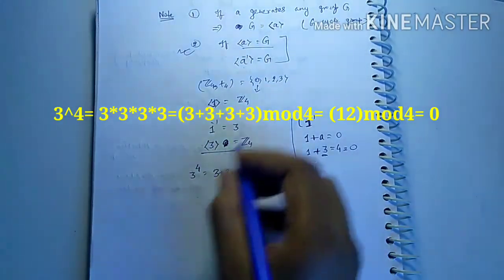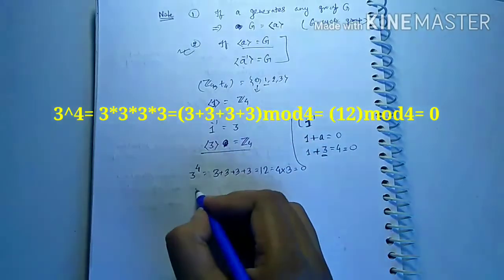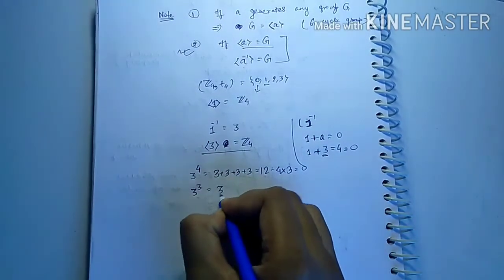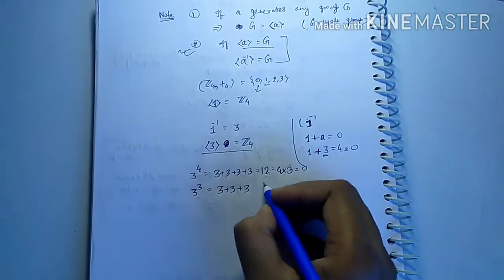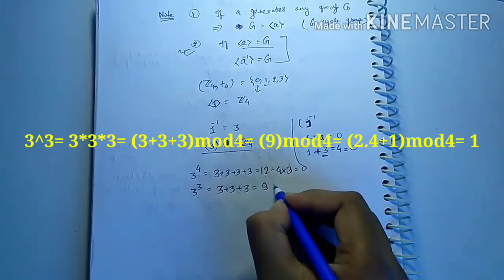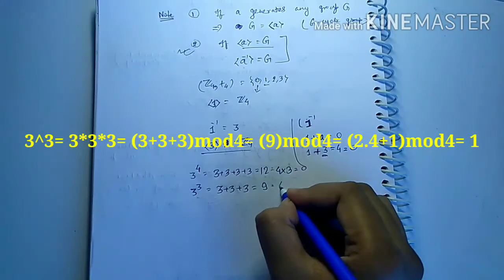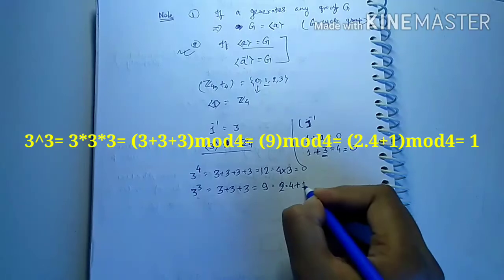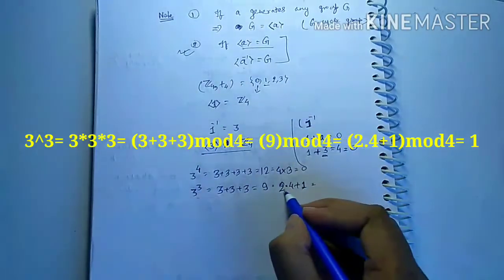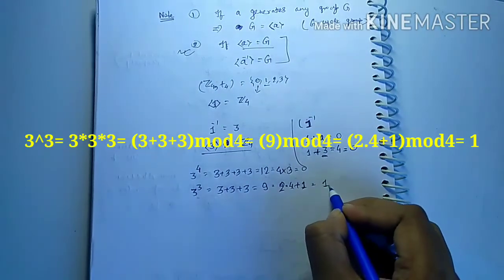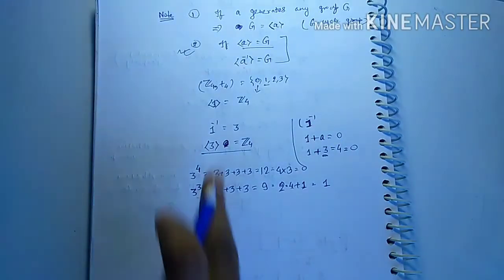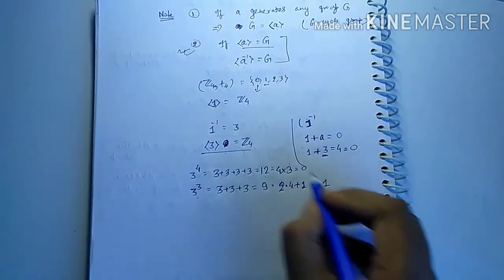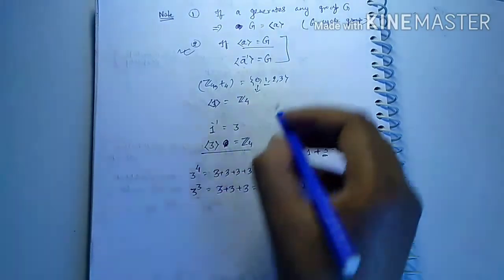And if we want to generate the element 1, then 3 raised to the power 3 is equal to 3 plus 3 plus 3, 3 times, and it is equal to 9, and 9 can be written as 2 into 4 plus 1, and in this group 2 into 4 plus 1 will be equal to 1 in addition modulo 4. So 1 can be generated by 3.